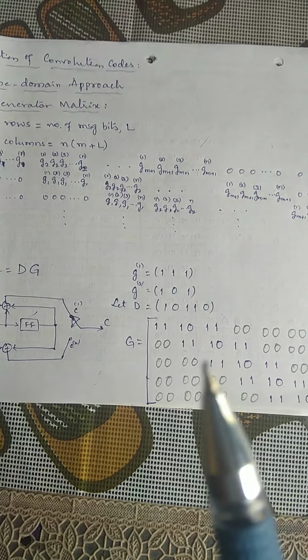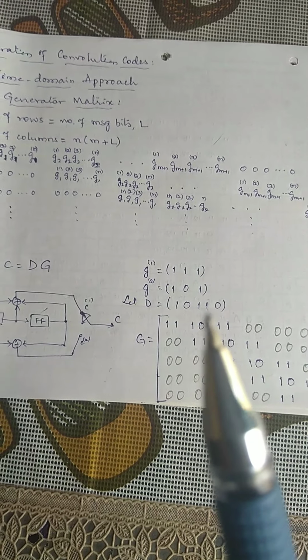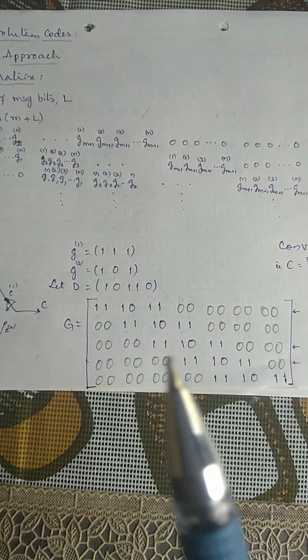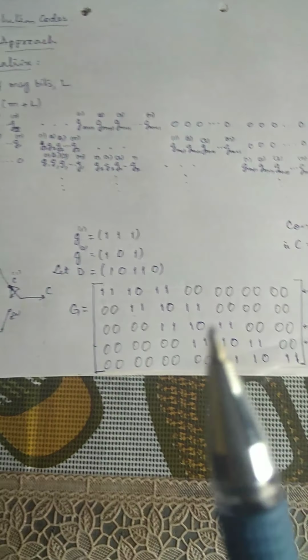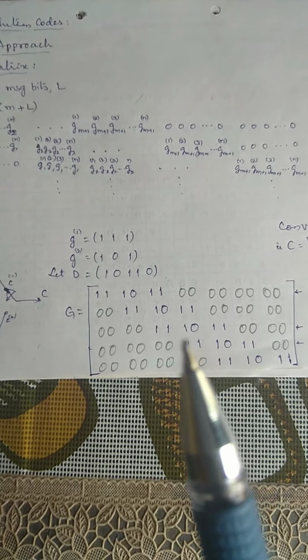The number of rows in the generator matrix will be equal to the number of message bits. So with 5 message bits here, there are 5 rows, and all the blank spaces are filled with zeros. That is the generator matrix for the given convolution encoder.